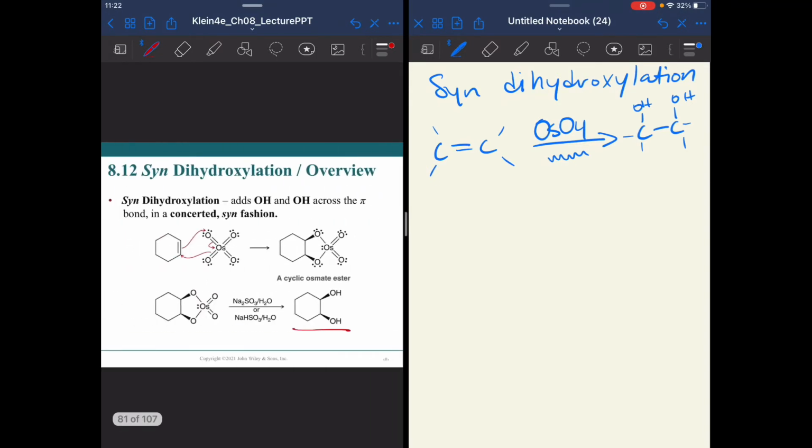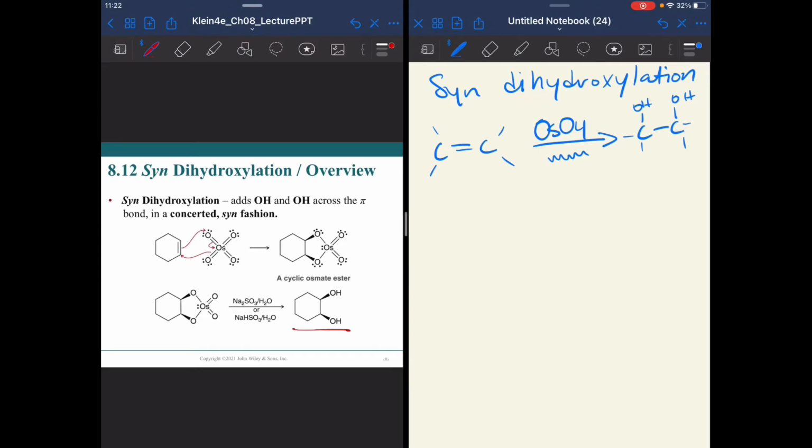This is the only reaction you're going to use osmium in for the whole year of organic chemistry, so it stands out. If you look at the mechanism, I'm not going to require you to know the cyclic osmate ester intermediate. But the osmium has 4 oxygens around it, and both of them go on in one step.